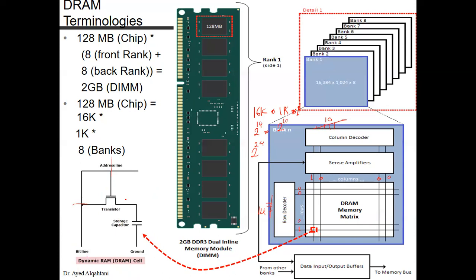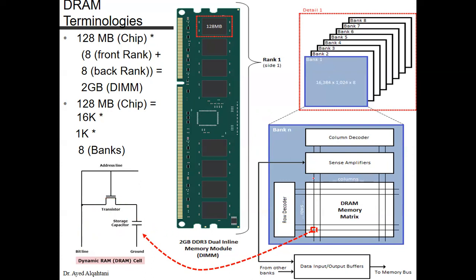And actually, the row and column are controlling this switch to make access to the capacitor possible. And once you have the capacitor, you can get the data outside in case you are reading, or write inside the capacitor.